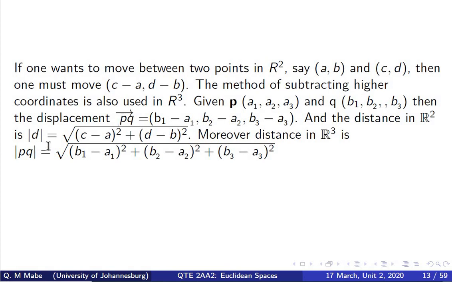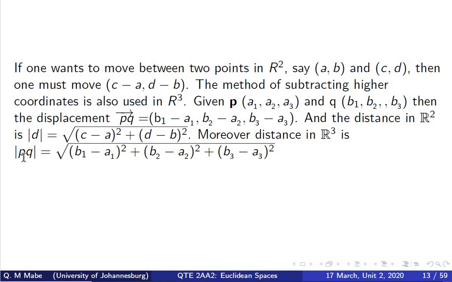This is just the distance between (a, b) and (c, d). And a distance in R3 is defined the same way. You need to add the square of your third coordinate. So for PQ, we have this just to show that it's a distance.